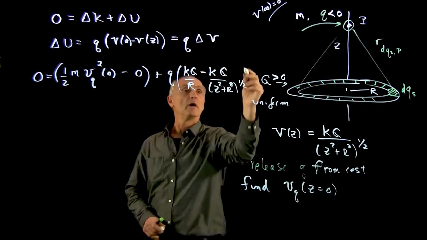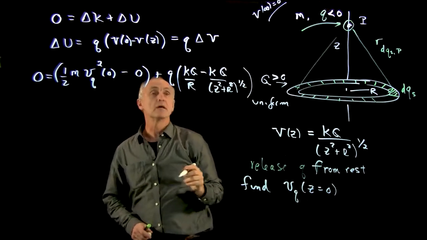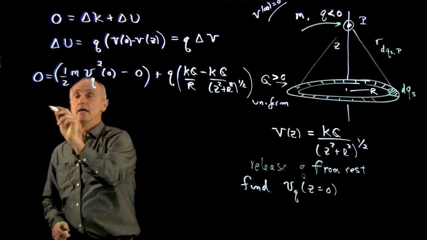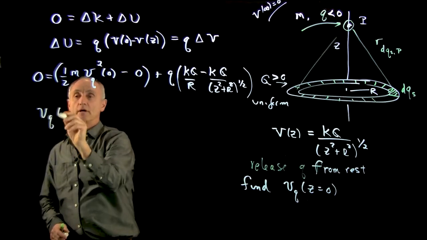And so what we have here is that we'd expect that we can now solve for the velocity, and we get Vq.